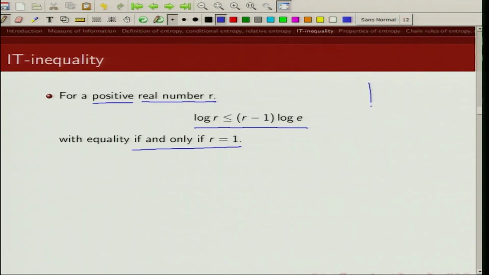If you plot this, log of r is defined for positive real r, so it would be something like this. At r equal to 1, log of r is 0, and the line is r minus 1, with slope log of e.